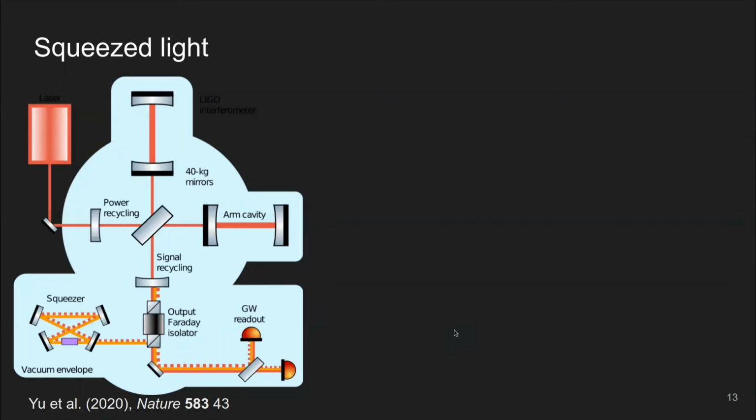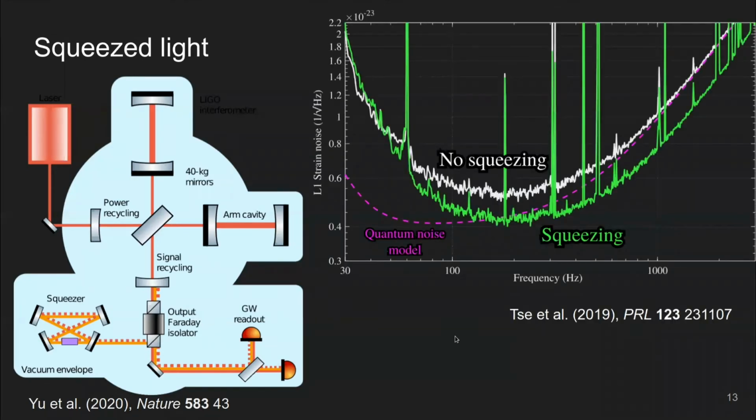We use a nonlinear crystal to engineer correlations between the two quadratures of the field, and we send that into the interferometer instead. And the result is that indeed we get a noticeable reduction in the quantum noise of the interferometer, and this was used during the third observing run to reduce the shot noise.